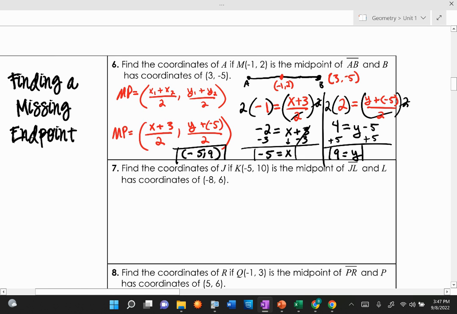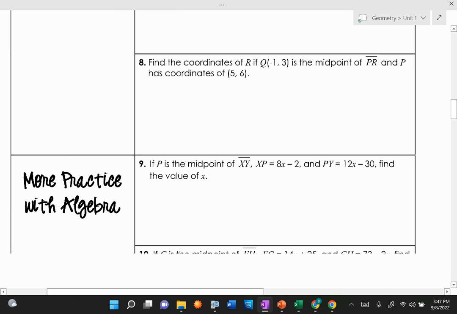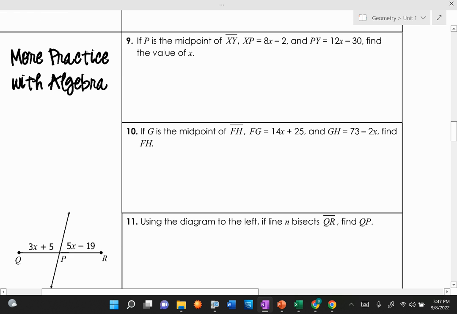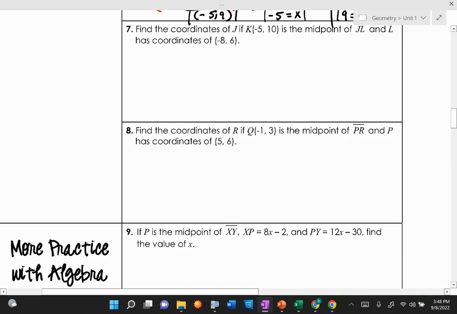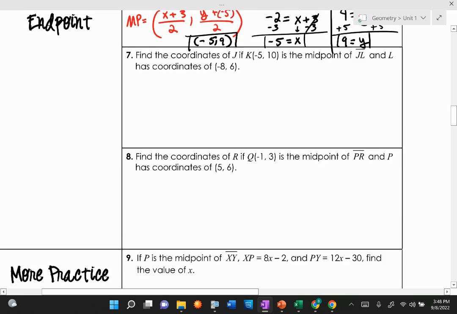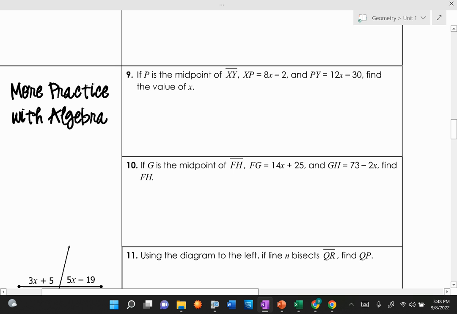Here is what I would like for you to do. I'll scroll back up to number 6 if you need it. There we go. Okay. We're just pretty much out of time.